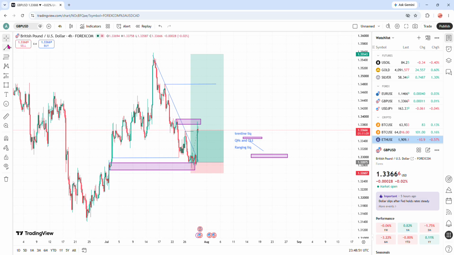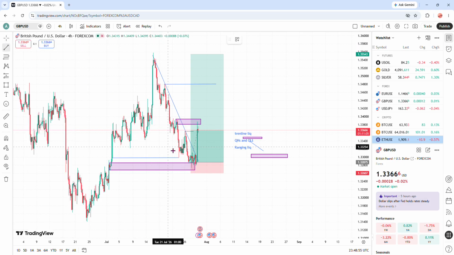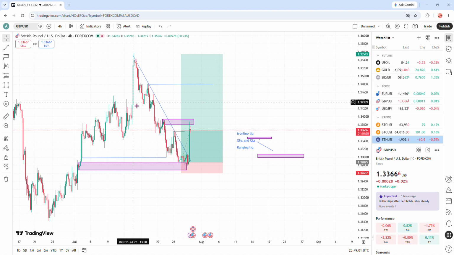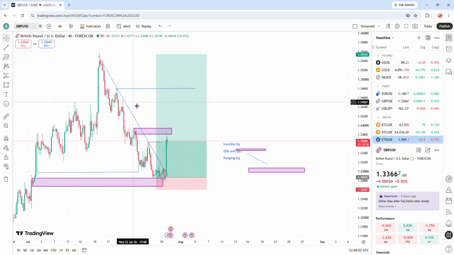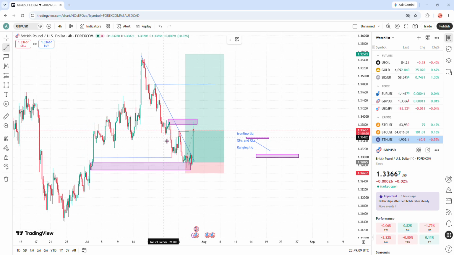You can see it. Your beacon structure is also present. And if you don't know all this I'm saying about SMC, you can check my previous video where I explain the basic concept of SMC. Then your fair value gap is also present here. Which means every confluence you need to take a short position here is present.